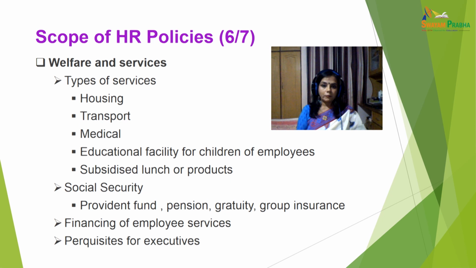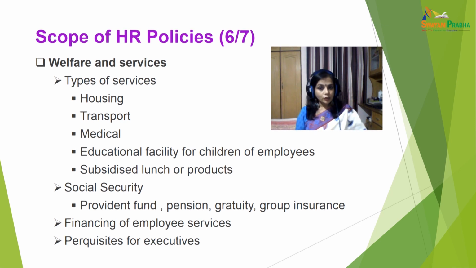Welfare and service policy includes the type of services which the organization intends to provide to the employees, like housing, transport, medical, educational facility for the children of employees, subsidized lunch or products. So this should be clearly mentioned in the policy, what all you are going to provide to the employees.